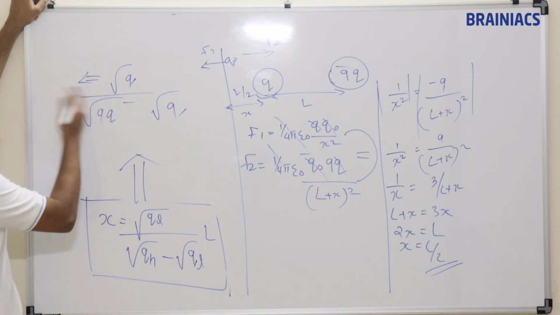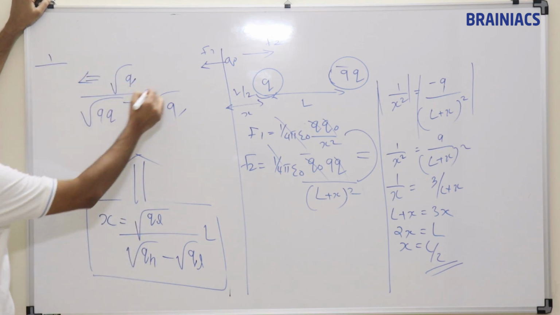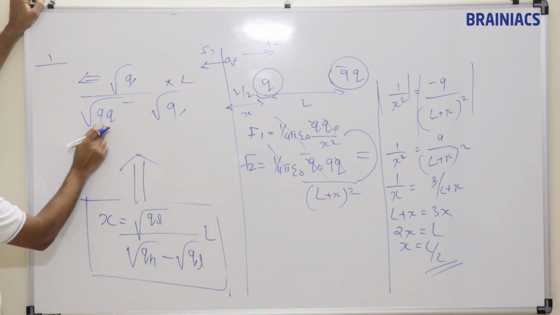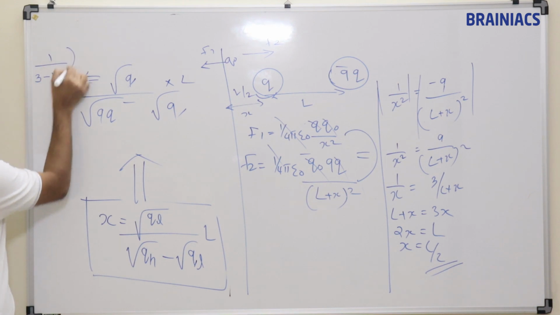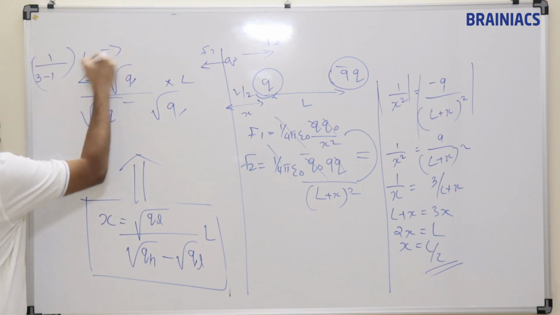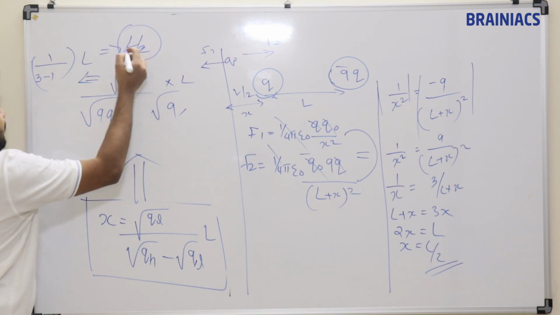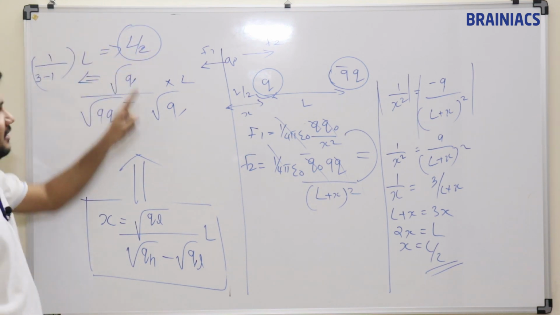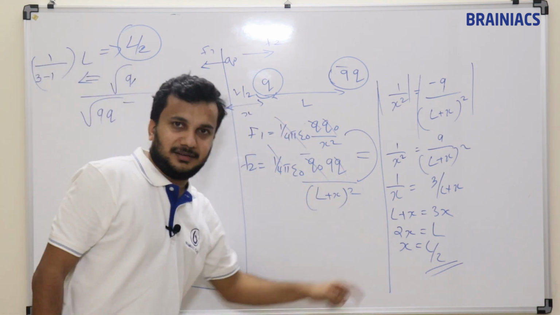What will come? Root Q, 1 divided by what, multiplied with L. What is the value of this? 3, so 3 minus 1 into L. So how much will come? 1 by 2, which means L by 2. So whatever our shortcut method is yielding is the same as what we got by our normal method.